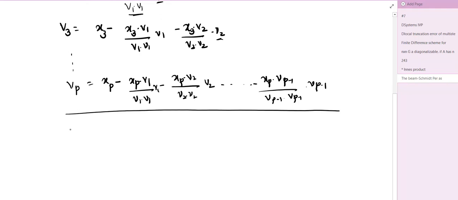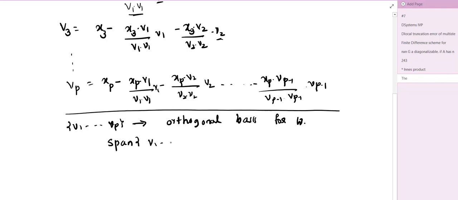So the collection v1 to vp that you are observing here is now an orthogonal basis for W. In addition, the span of v1 to vk is nothing but the span of x1 to xk, which is valid for 1 less than or equal to k less than or equal to p.